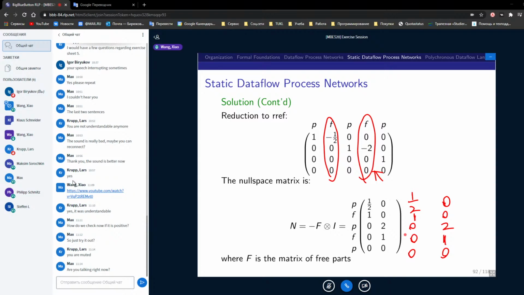So you have the null space and these 2 independent vectors. It would be this one times lambda 1 plus this one times lambda 2.